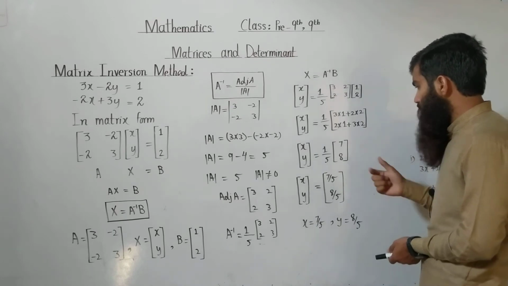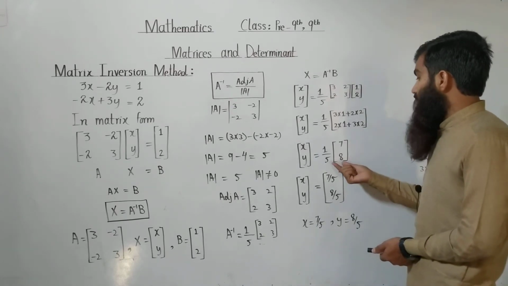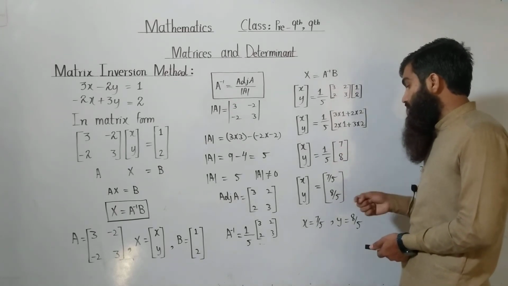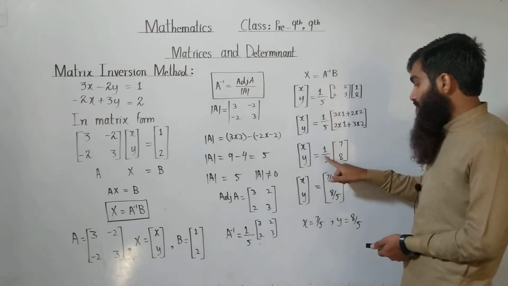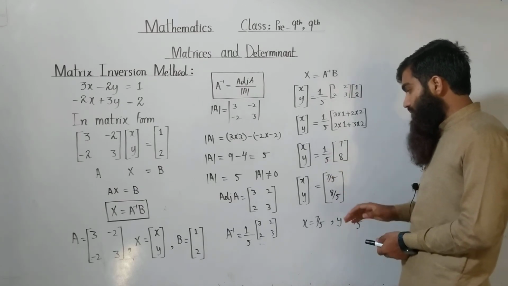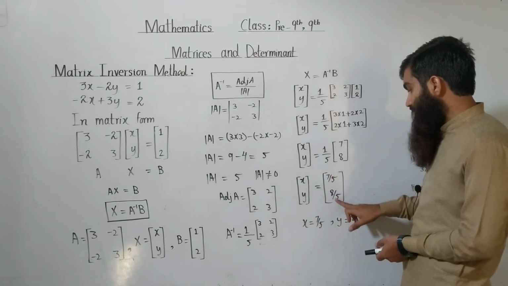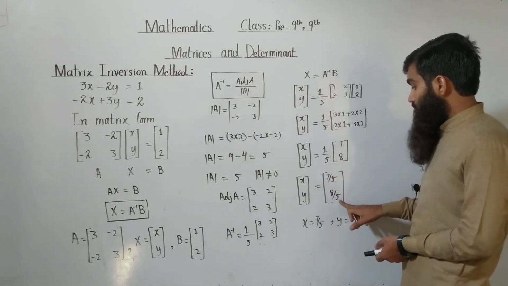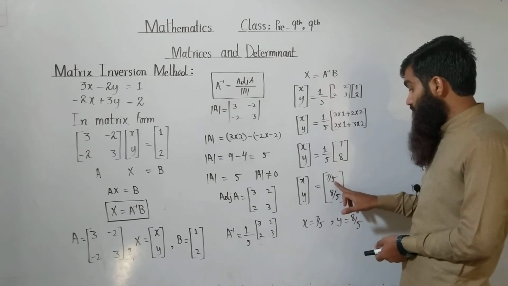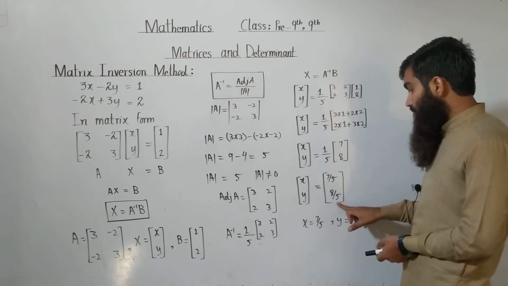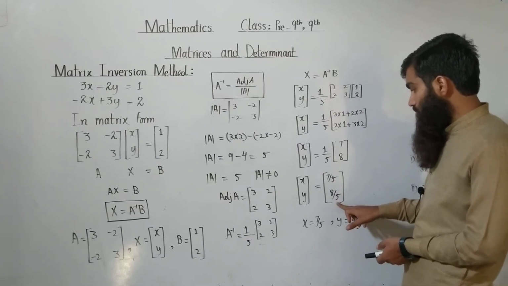After simplifying, we will get this answer 7 and 8, and this determinant comes as it is, and after dividing with this determinant, we will get this last and final result. These both are our required answers.